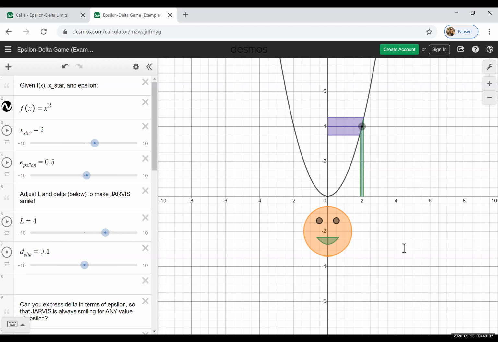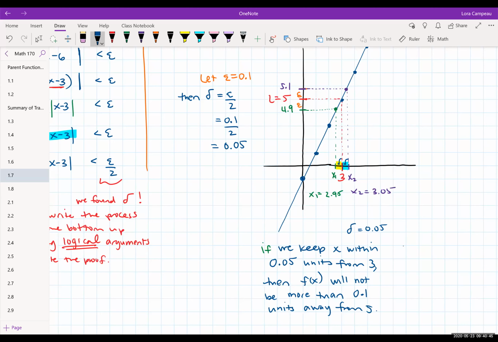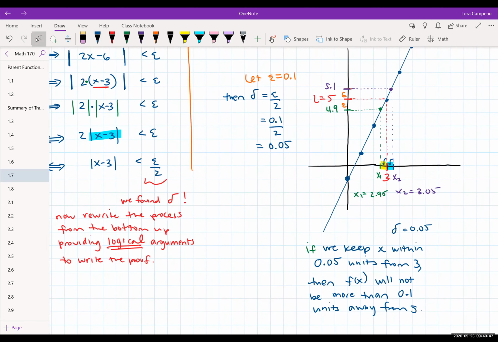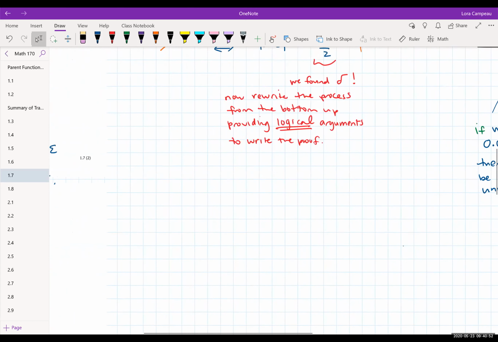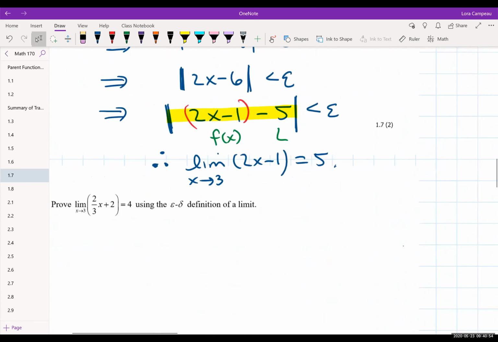So back to a few more proofs, just to get you used to this. Kind of a big part of mathematics. We're going to do a similar problem, a little bit more complicated, to get the hang of it. So let me go back to my screen. There we go.